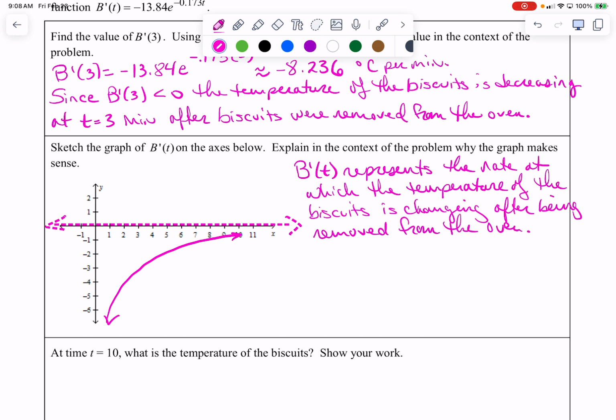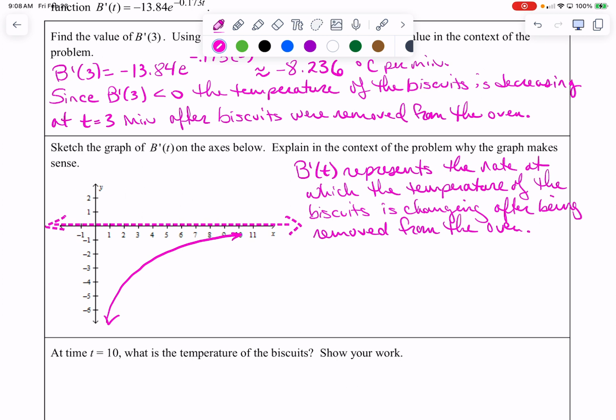So what does this graph tell us about that? As the biscuits get closer to room temperature, the speed at which they cool down decreases.